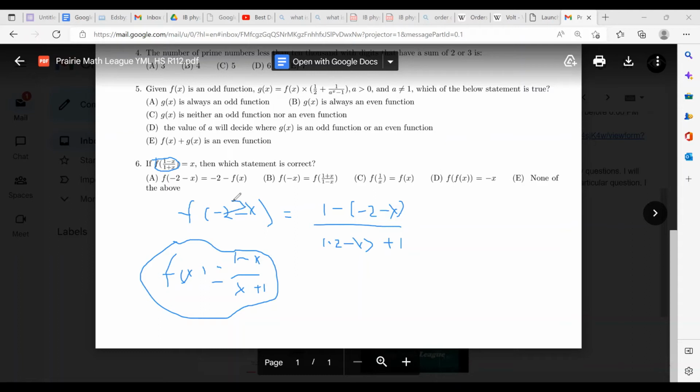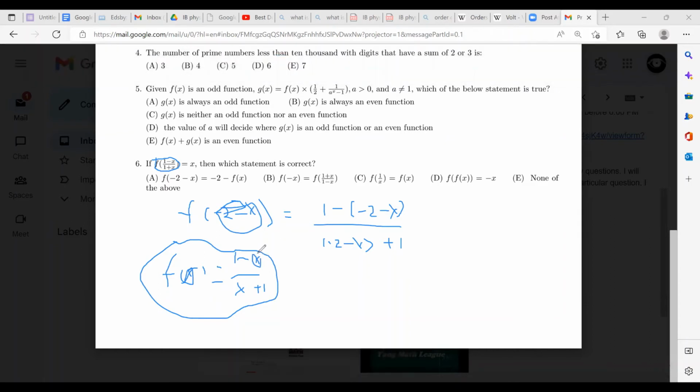Everything I'm doing here is replacing this thing over here, so these things will also be replaced by this thing. But anyways, this will be equal to negative 2 minus, well, we know f of x is just (1 minus x) over (x plus 1).